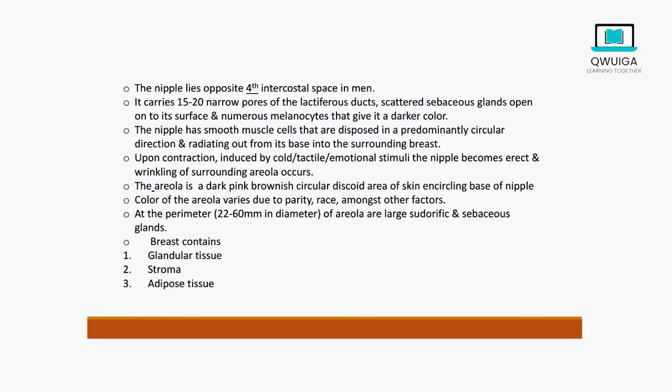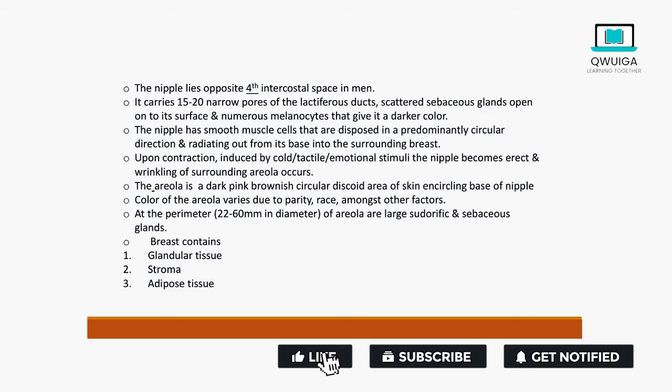The nipple in men lies opposite the fourth intercostal space, but in women, due to breast size varying from one woman to another, it can lie as high as the fifth and as low as the seventh. It also carries 15 to 20 narrow pores of the lactiferous ducts, scattered sebaceous glands open on its surface, and numerous melanocytes that give it and the areola a darker color.